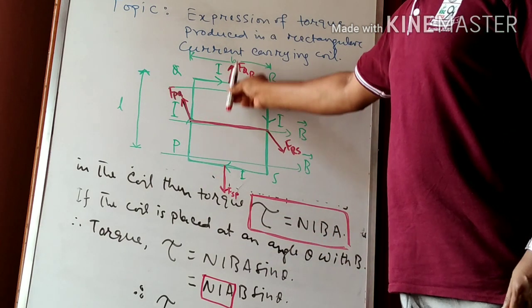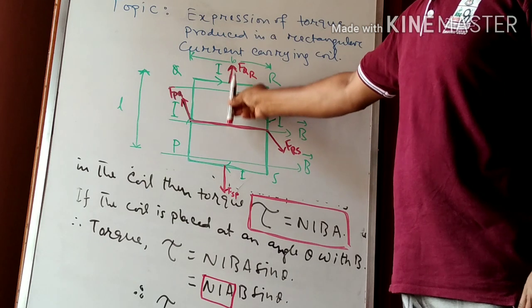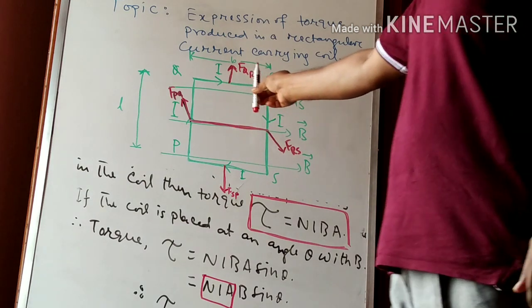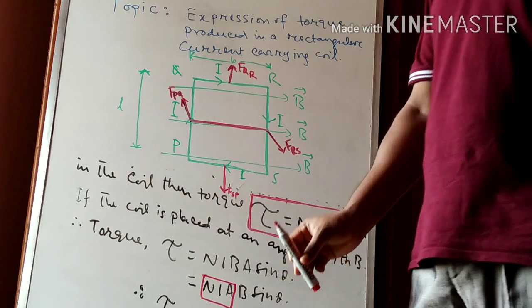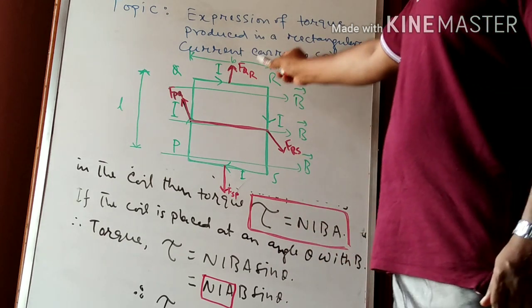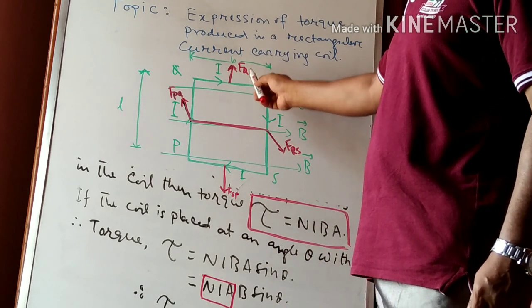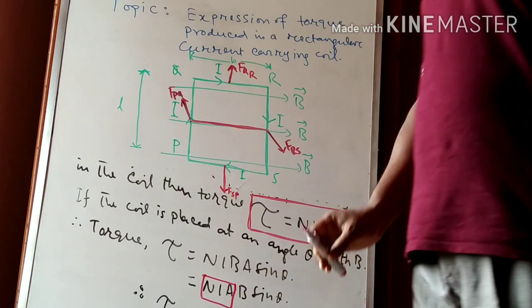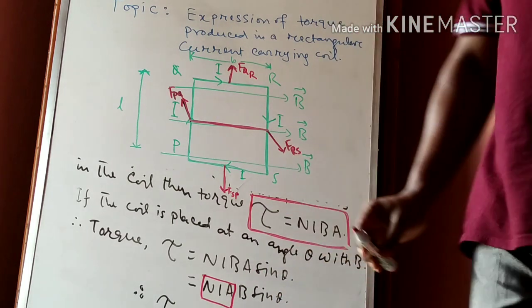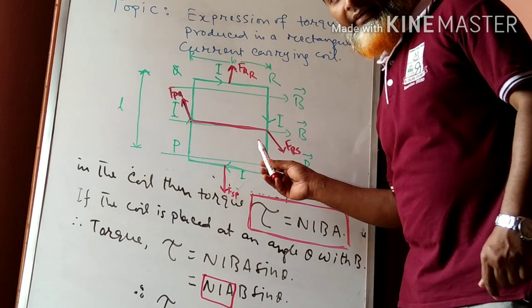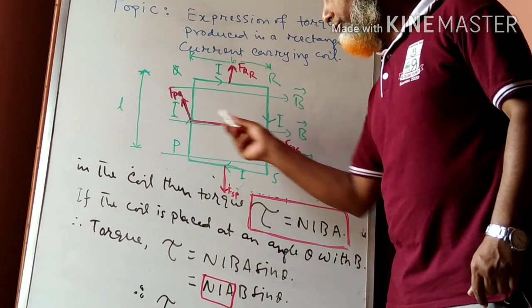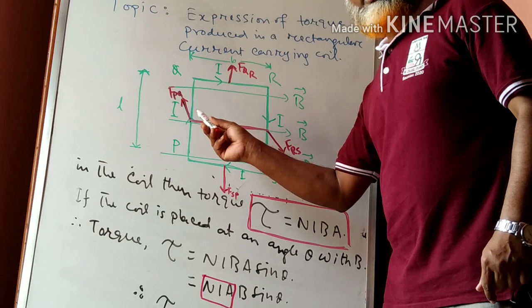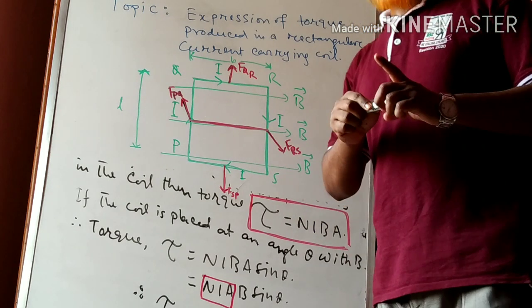The action lines of the forces FQR and FSP are the same, equal and opposite. That's why they will cancel each other, and actually FQR and FSP sum to 0. So only the two forces FPQ and FRS are left in the diagram. That's why these two forces will work to produce torque on the rectangular coil.